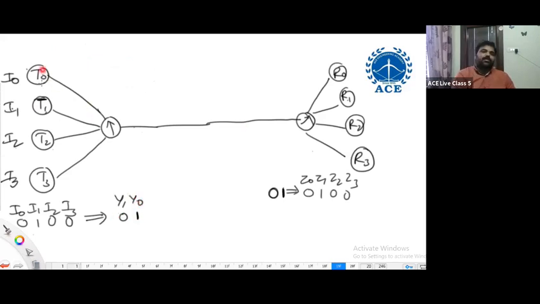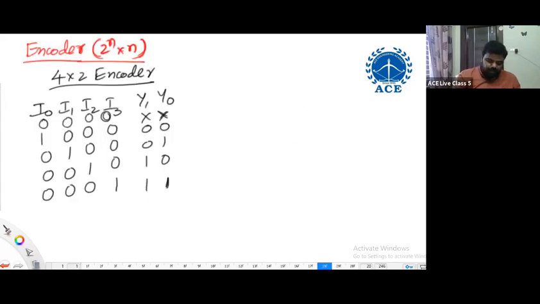But when transmission is not there, that means the network is idle. It is not used for transmission. So how can I transmit the ID? I don't care what it outputs.